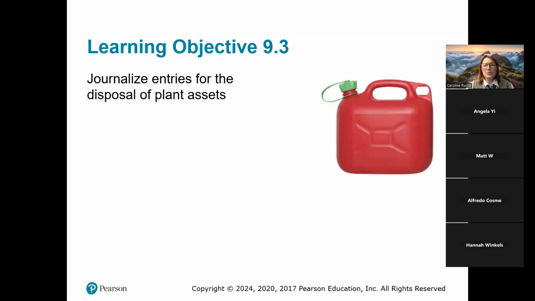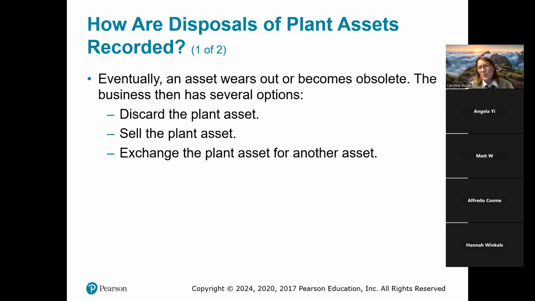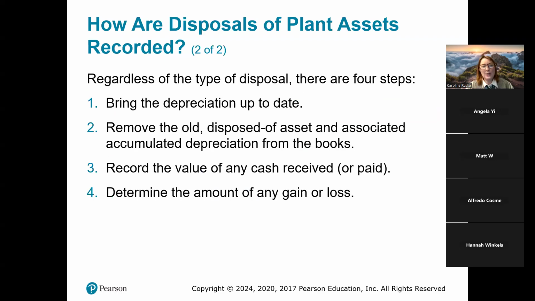All right. So, last thing we need to do is dispose of these plant assets. So you can discard this asset, you can sell it, or you can exchange it for another asset if you do a like kind exchange sort of thing. So let's look at how we would record that.